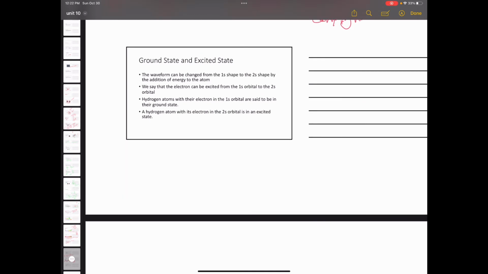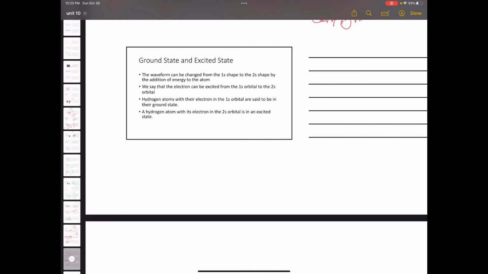When it comes to ground state and excited state, the waveform can change from 1s shape to 2s. That means we can change the location of electrons from 1s to 2s. And that happens from exciting these electrons by adding more energy or targeting these electrons with energy, which makes these electrons absorb that energy and then travel from one level to the next level.